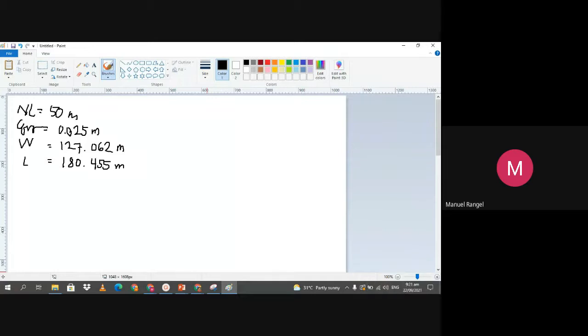So for applying the correction, we will take each side separately, the width and the length. So for the correction on the width, our formula is correction equals ml over nl. So the correction is 0.025 times the width 127.062 over the nominal length of 50.